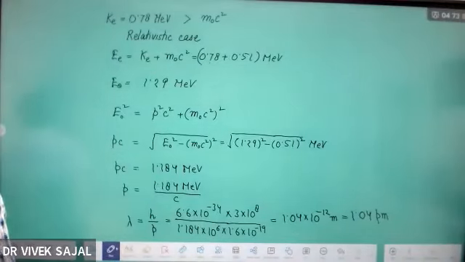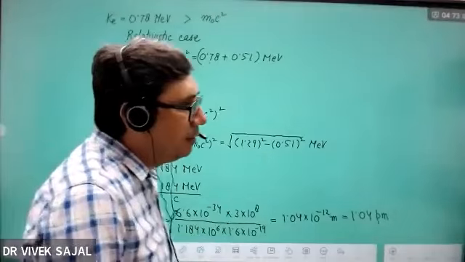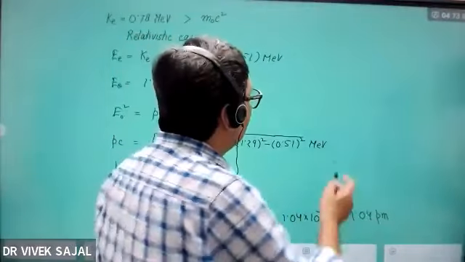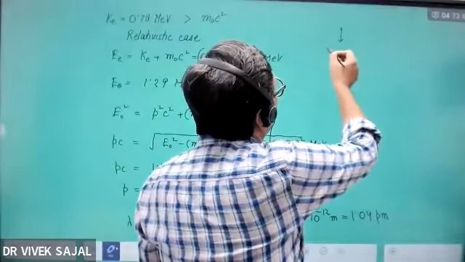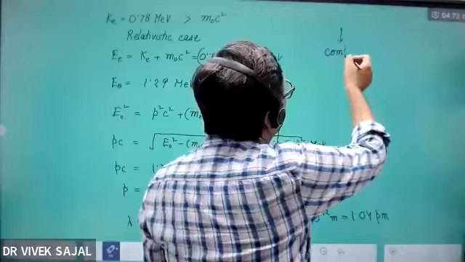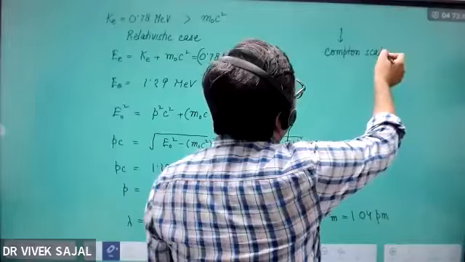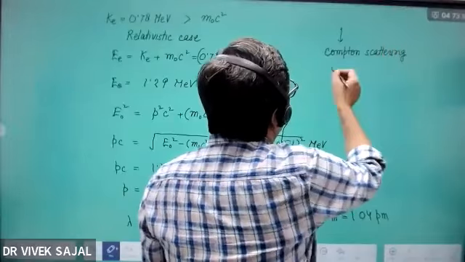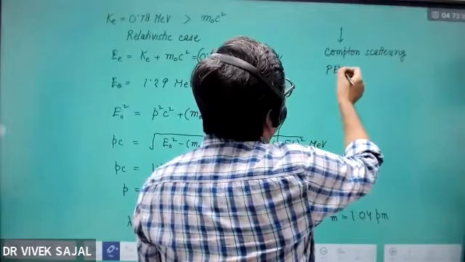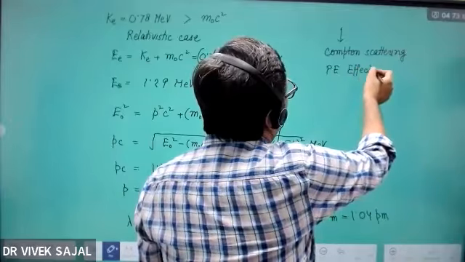So these were the questions related to de Broglie wavelength. Now what you have to do, as I have told you earlier, later on we will discuss. For all three topics, this is your homework: Compton scattering, photoelectric effect, and de Broglie wavelength. This is the way of preparation.